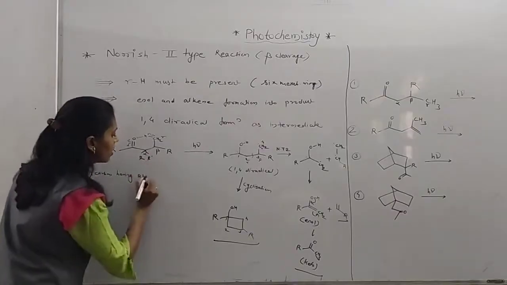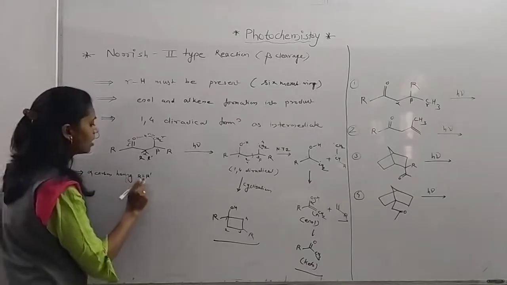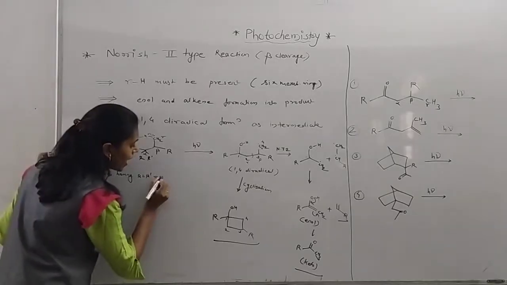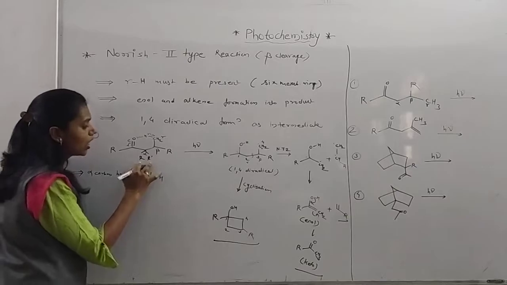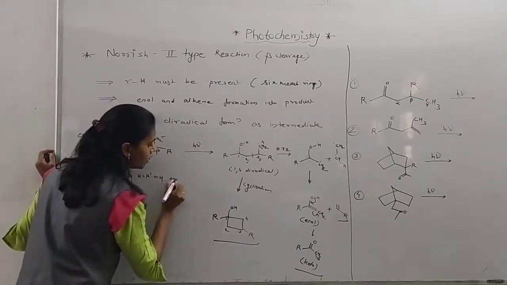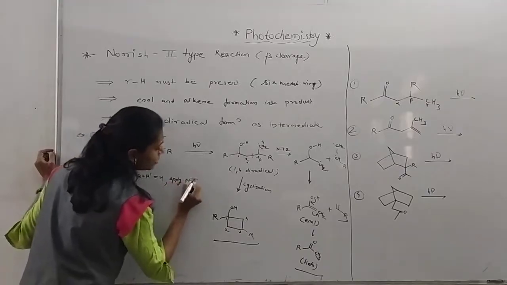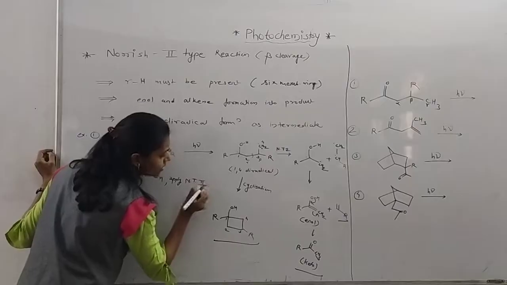If the alpha carbon having R and R dash both equal to hydrogen atom, that means both are hydrogen, then apply Norrish type 2 reaction.